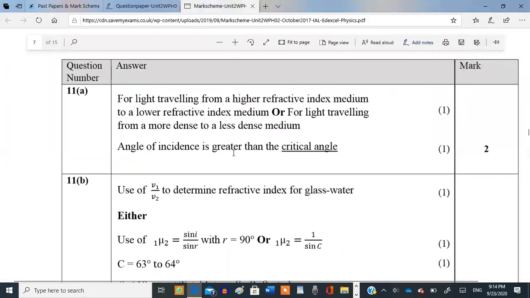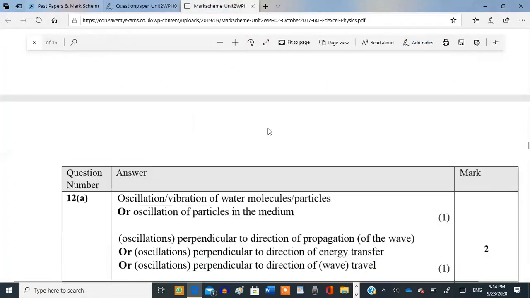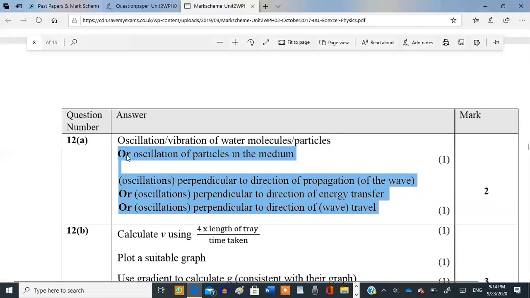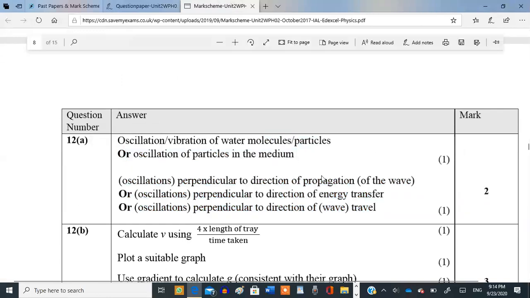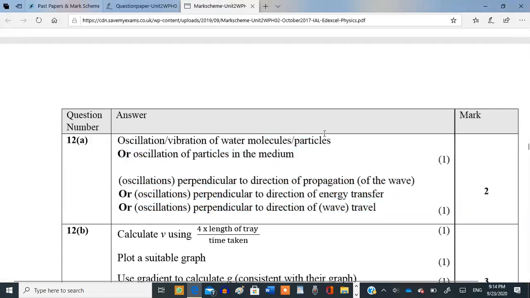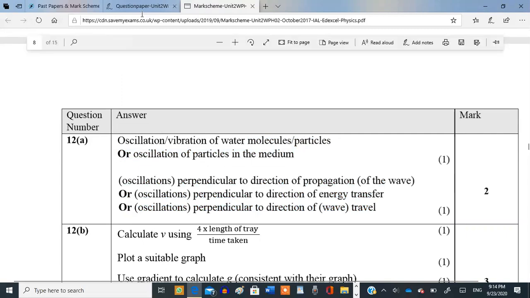Check out the marking scheme for this because it's theoretical: oscillation of water molecules, and oscillations are perpendicular to the direction of propagation of the waves. So we got the marks. We did mention the vibrations and we did mention the perpendicular direction.